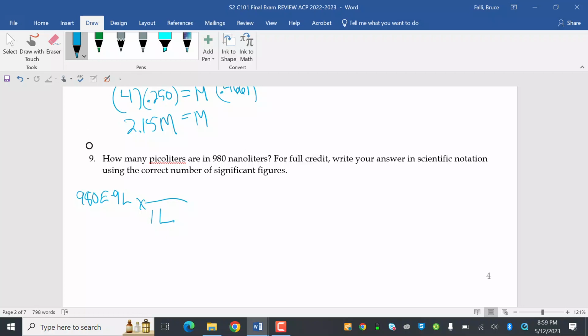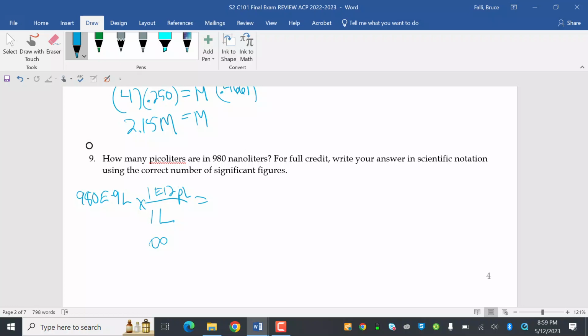So 1 liter equals 1 E12 picoliters. I know this is weird, but believe it or not, conversion factors have an infinite number of significant figures because they are definitions.